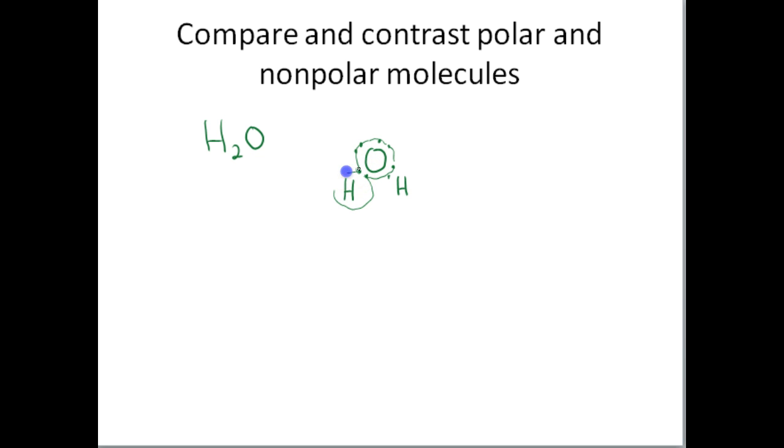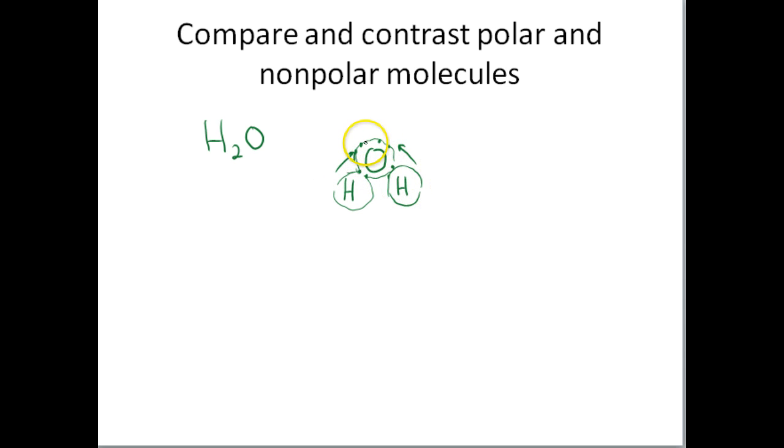This hydrogen, its valence shell is filled, and this hydrogen, it's filled. But what you end up with is oxygen is much more electronegative than the hydrogen. So the electrons are going to be pulled more towards the oxygen.